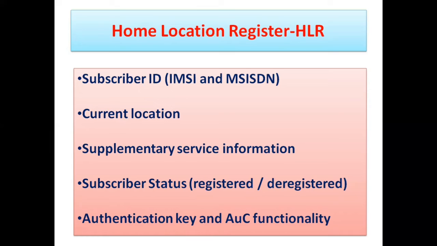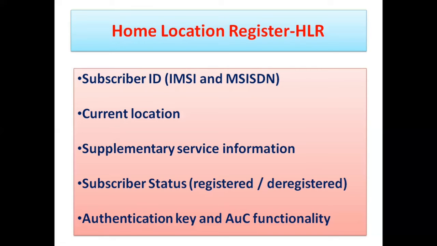Whatever user numbers are there, it is called MSISDN, Mobile Station International Subscriber Directory Number. Whenever we want to call a person, we use this directory number called MSISDN. Corresponding to this MSISDN, in this database, we have an IMSI. And these two are also available in the SIM, Subscriber Identification Module.